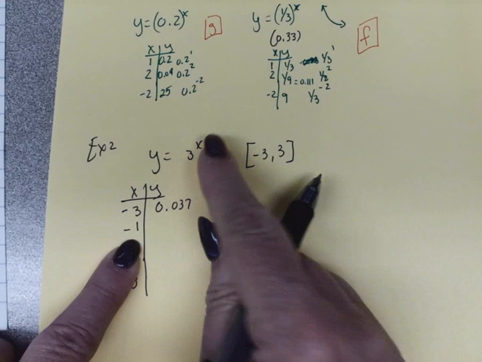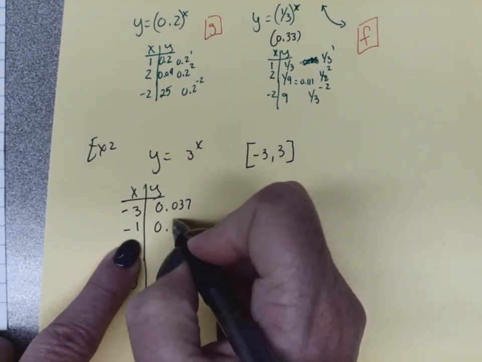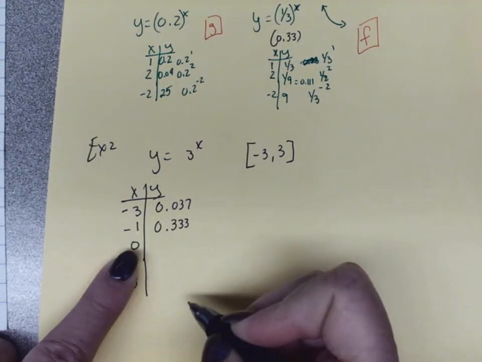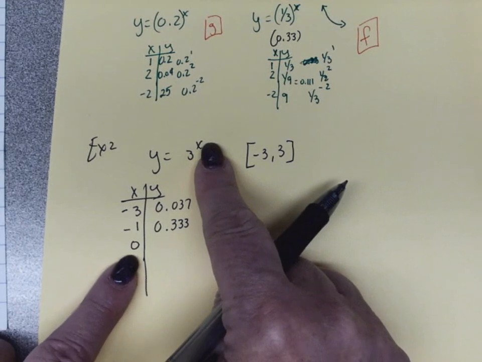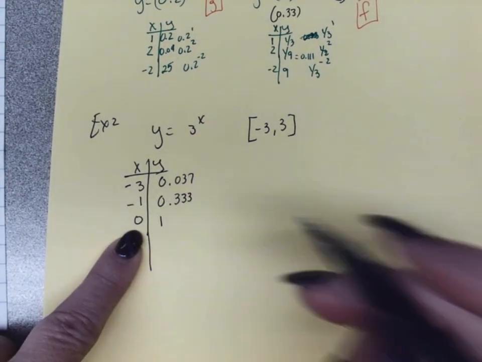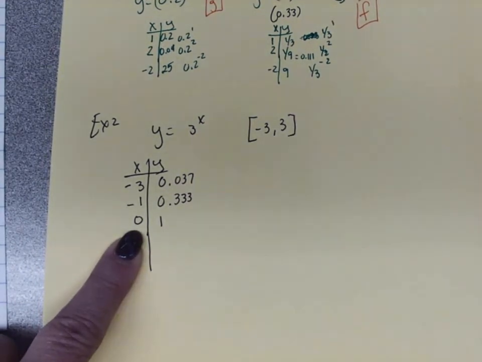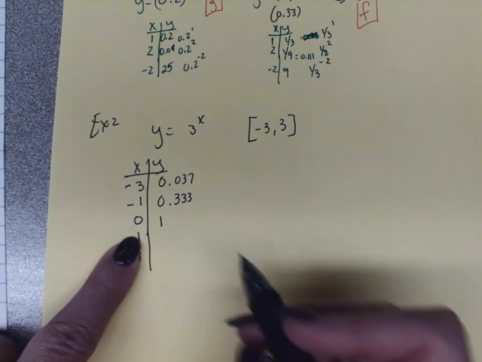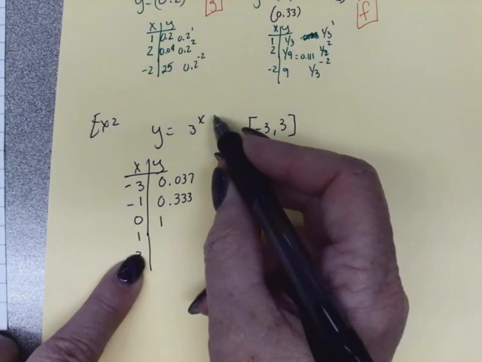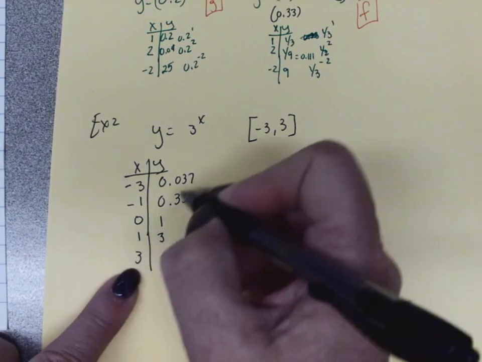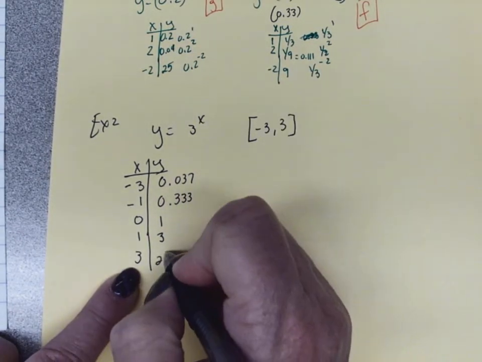When I raise 3 to the -1, I'm going to get 0.333. 3 to the 0, we've already talked about anything to the 0 power is 1. And then 3 to the first power will be 3, and 3 to the third power will be 27.